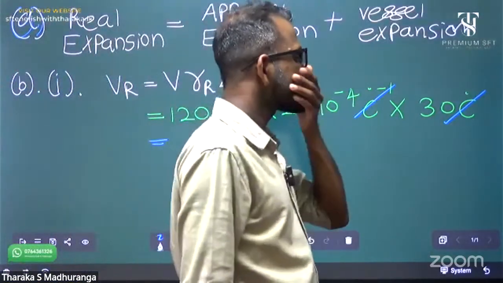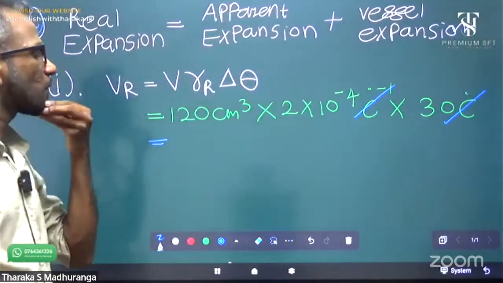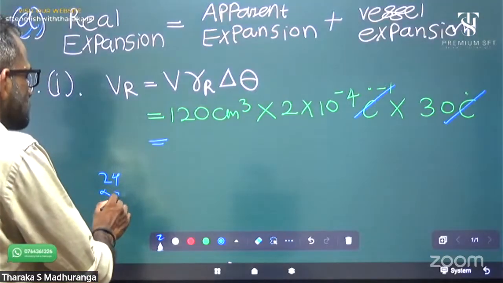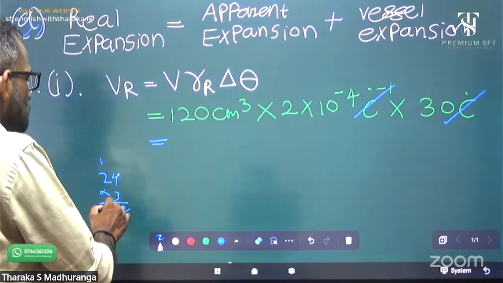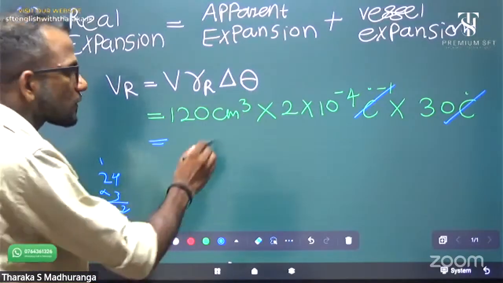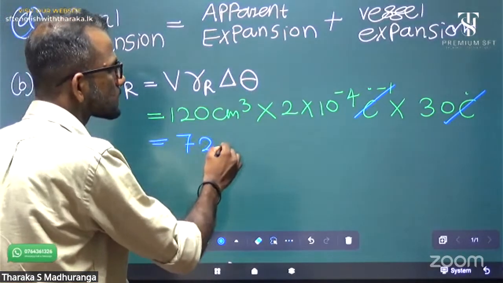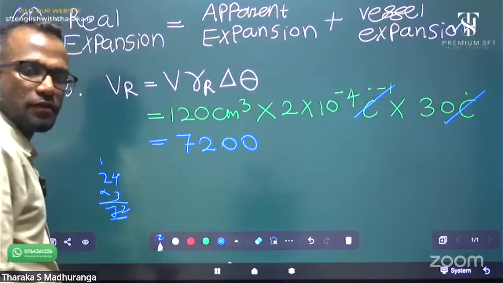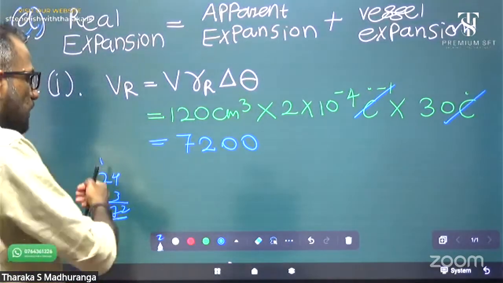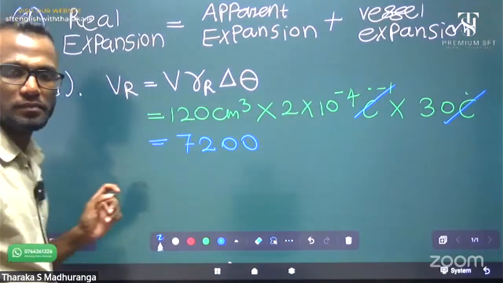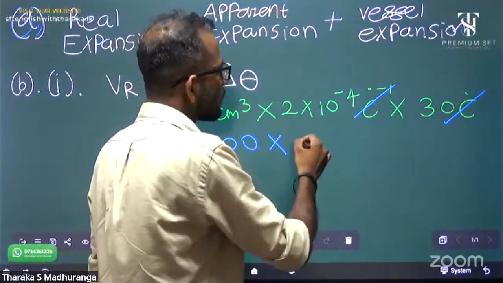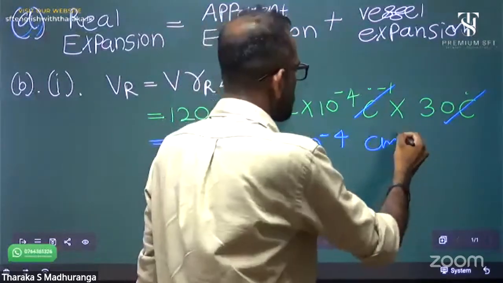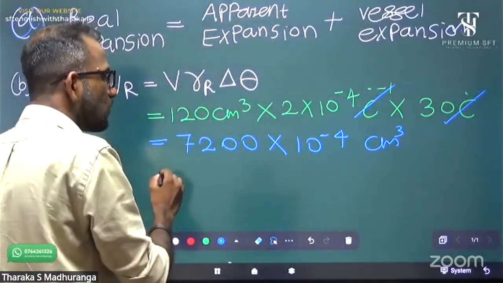What's the value? 7,200, right? Correct? Into 10 to the power minus 4 cubic centimeter, right? Okay, that's the actual answer.